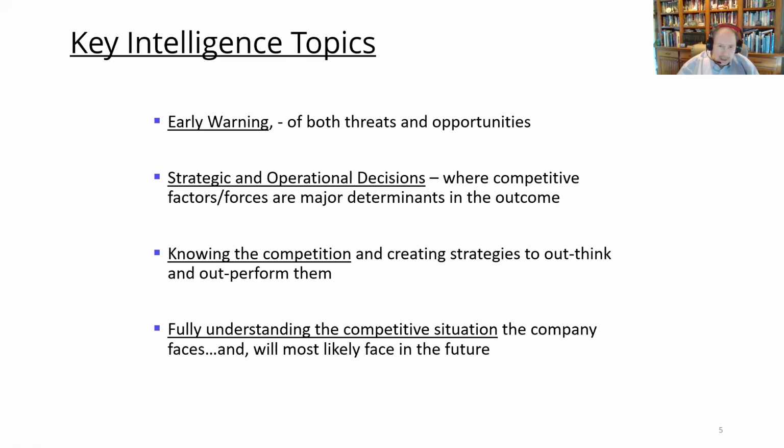And then below that, key intelligence questions that support the topics, which gives you an outline for how to conduct your work. There are several types of KITs: early warning, strategic and operational decisions, and knowing the competition. In each one of those, the type of intelligence work that you're going to do will be different, and the skills that you will have to develop will be different.